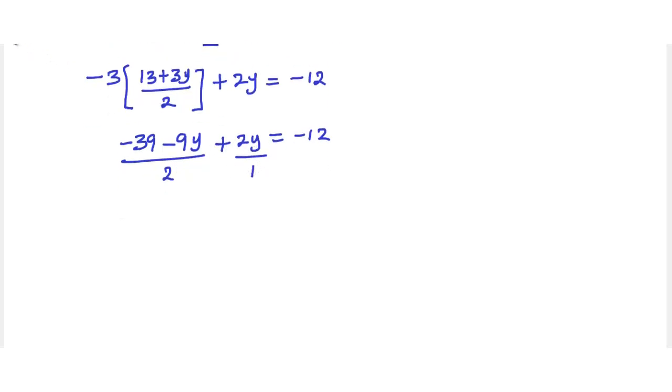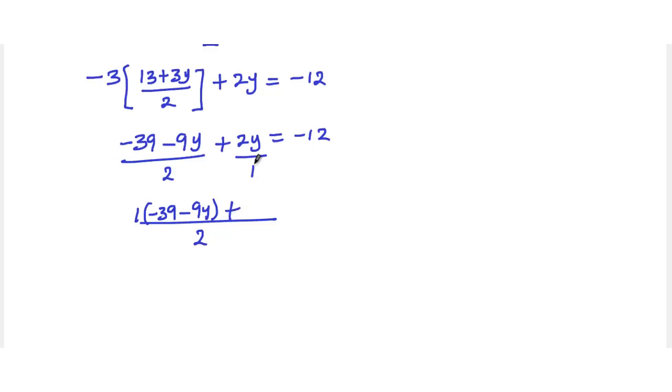So what we do is either we multiply through by 2 so as to make everything be on a level surface, or we find the LCM of these two terms. In this case, the LCM will be 2. So 2 divided by 2 is 1. 1 times everything here is just like saying 1 into brackets, minus 39 minus 9y.